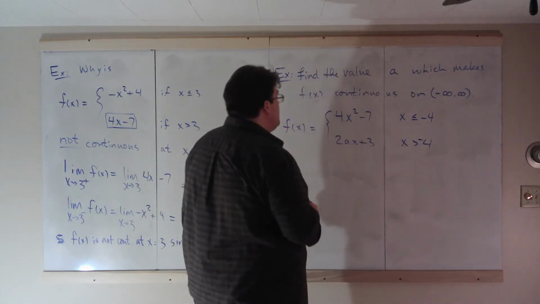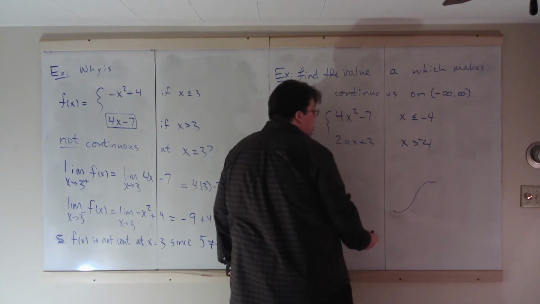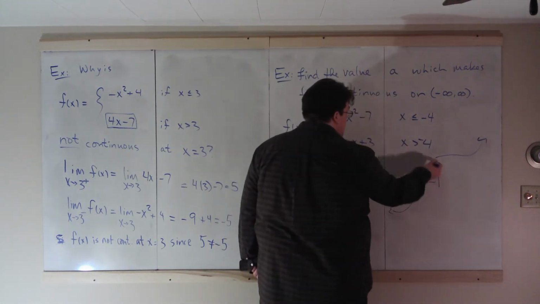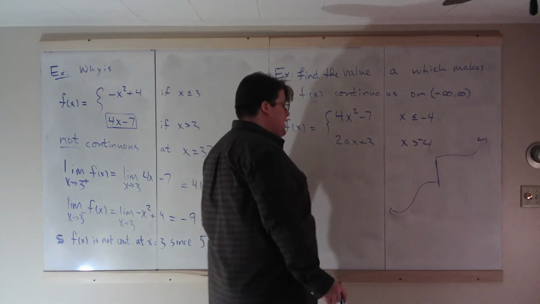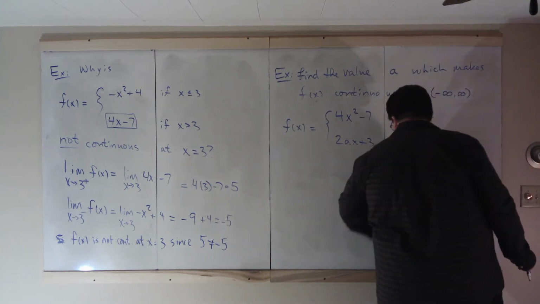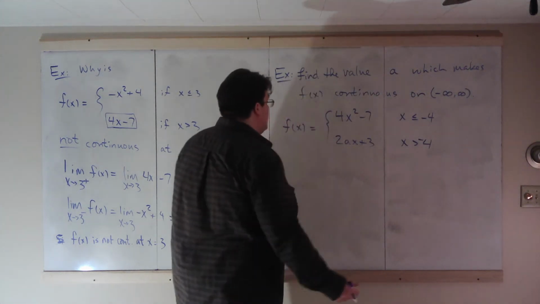So we want this function to be continuous. Well, we have this function. It's something before negative 4, and it's something after negative 4. What we want to do is force those two things to be equal. So let's find the value a which makes these two things equal at negative 4.